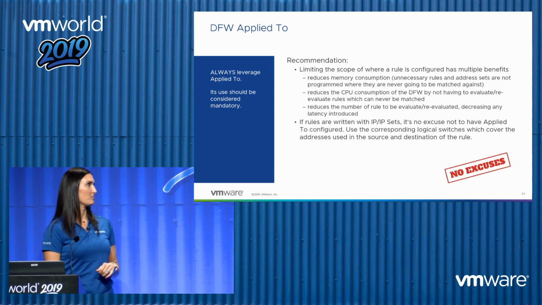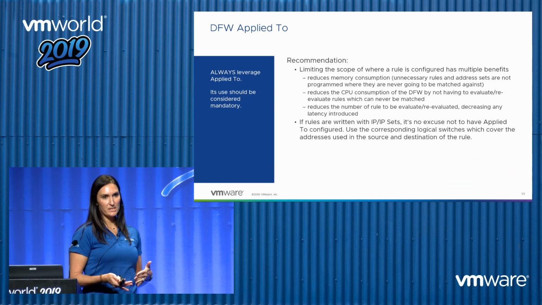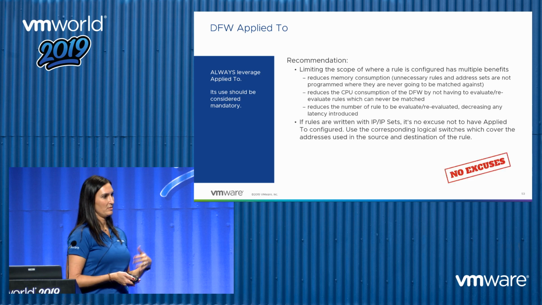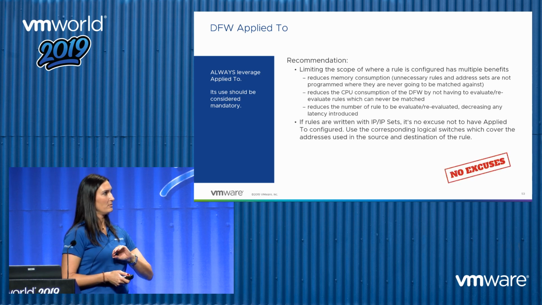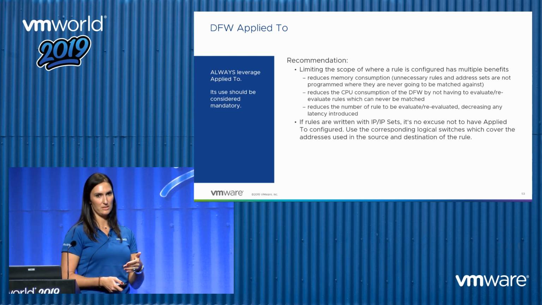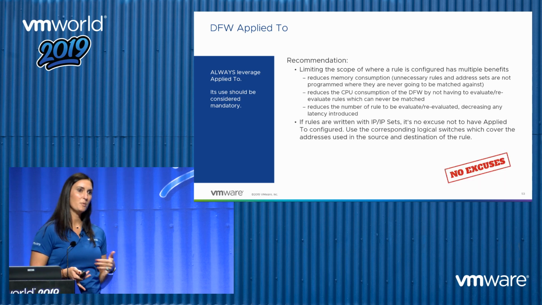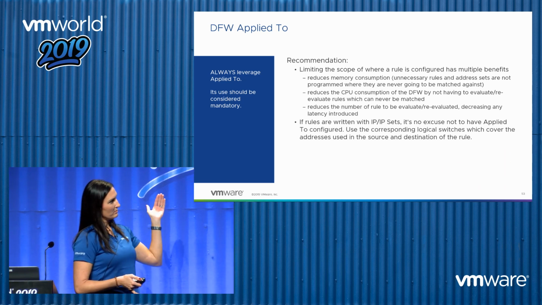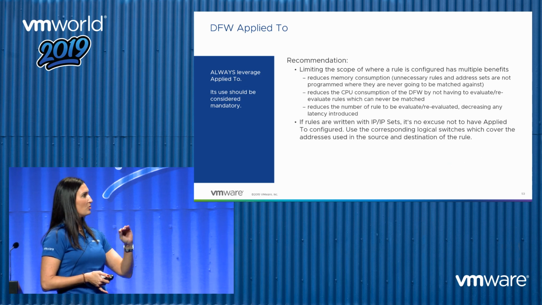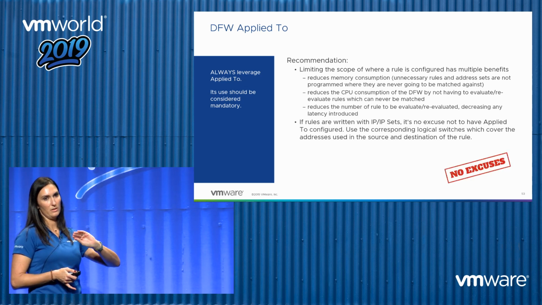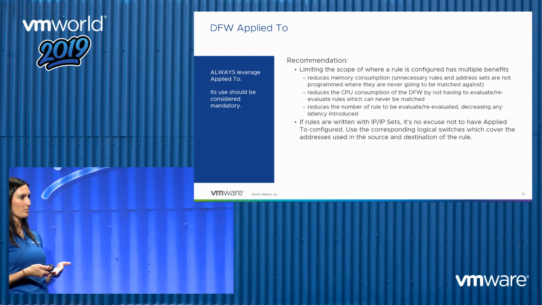We have a lot of customers that have just IP sets in their rule base, and you can't limit the source and destination on an IP set, but what we can do is limit the applied to field to a segment or a logical switch that those IPs are a part of.